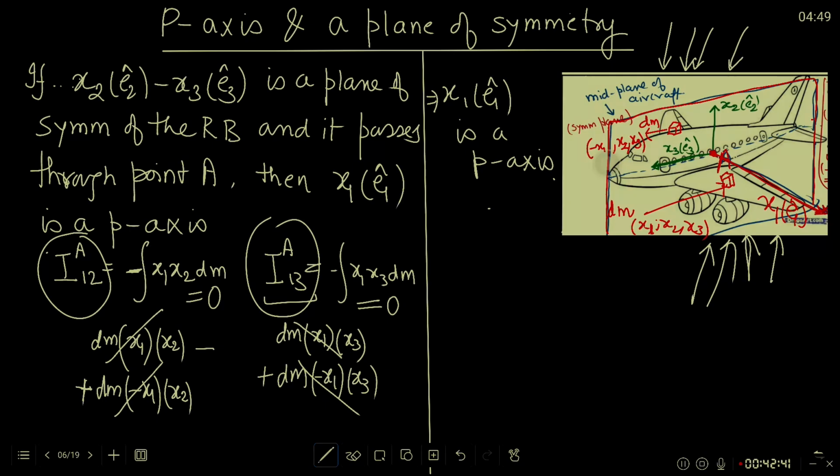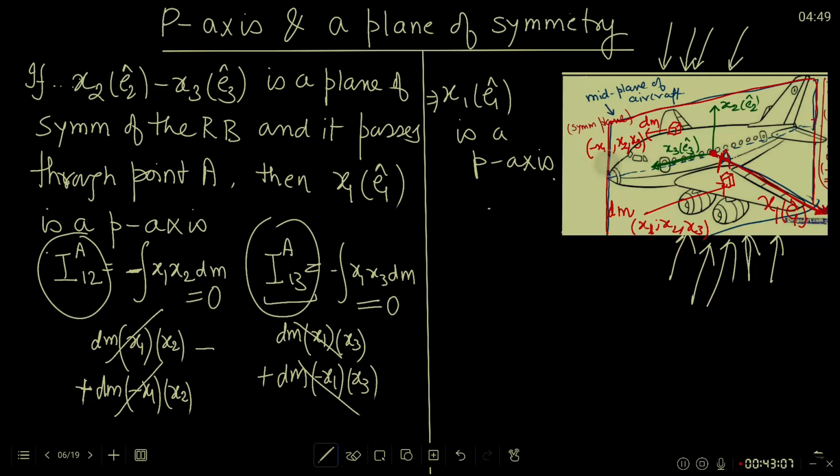No, it doesn't look like it. Definitely because of the engines. Engines are below the X1E1, X3E3 plane, and there are no engines on the top. That itself tells me that X1E1, X3E3 is not a plane of symmetry. So for this body, I cannot identify any more p-axis at point A by visual inspection.